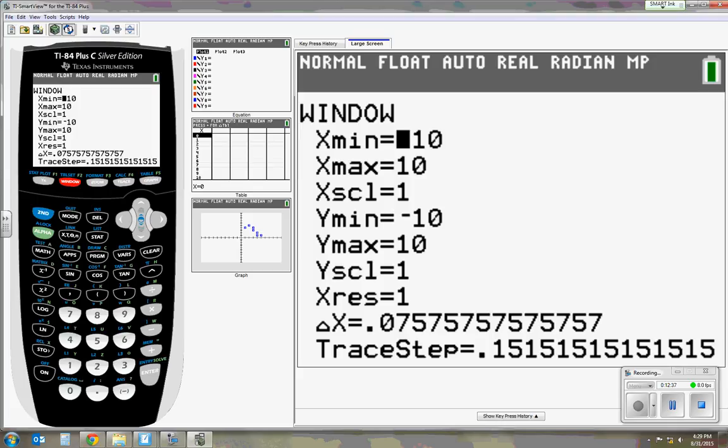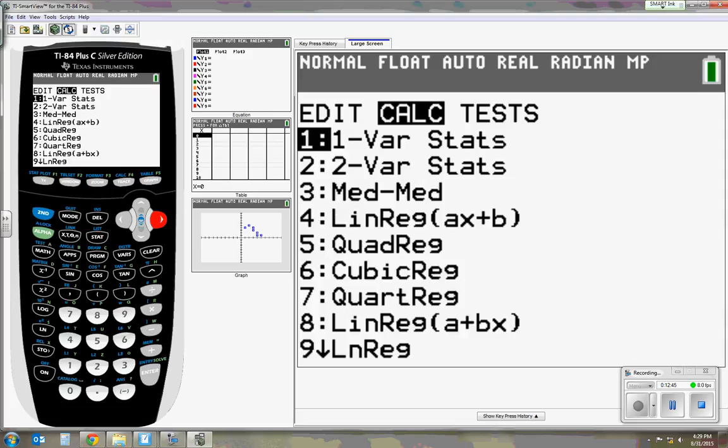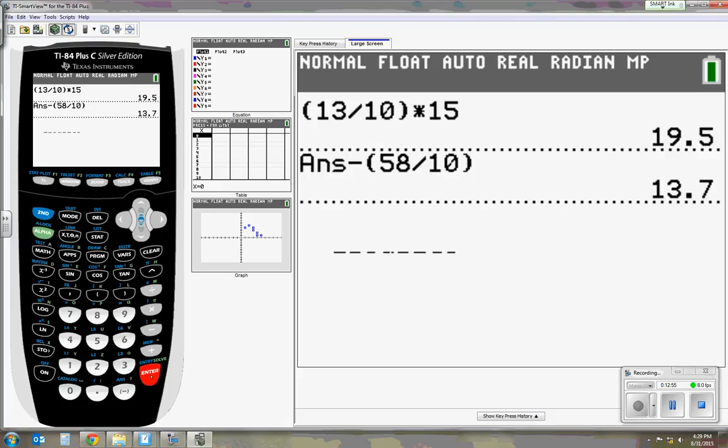Since my numbers don't get any bigger than 10, this window is fine. Next, we're going to go to stat, arrow over to calc, and if you see number 4, it says LinReg. So I'm going to push 4. Okay, and it's going to come up with a list. I'm going to push enter until it calculates for me.